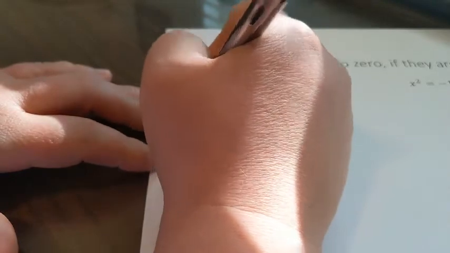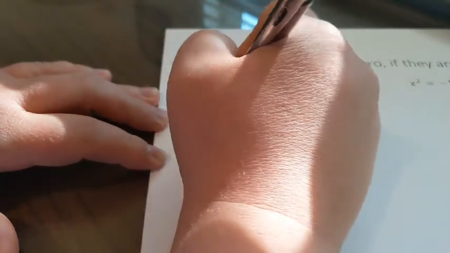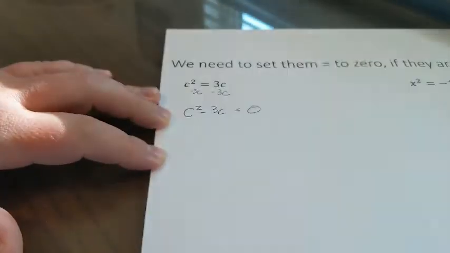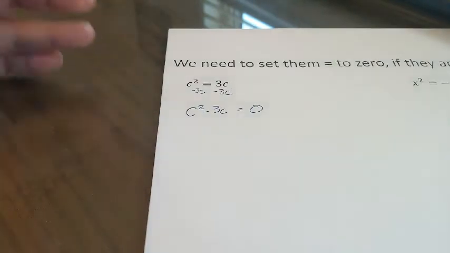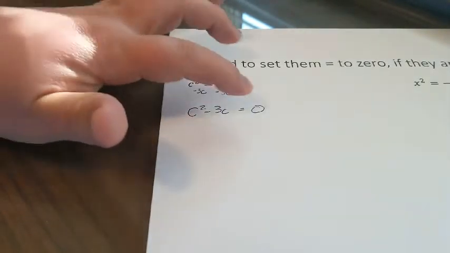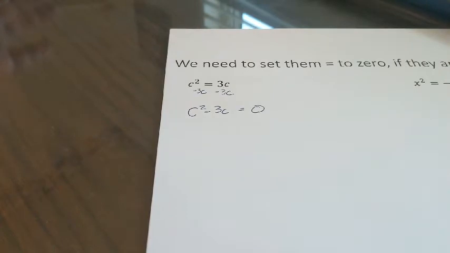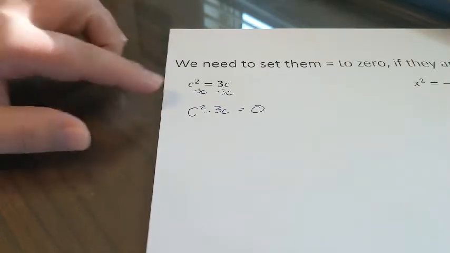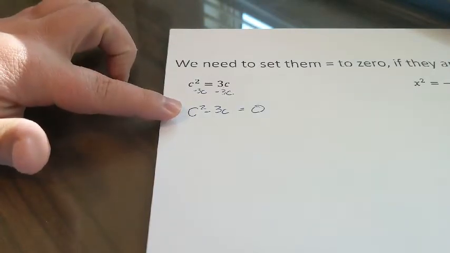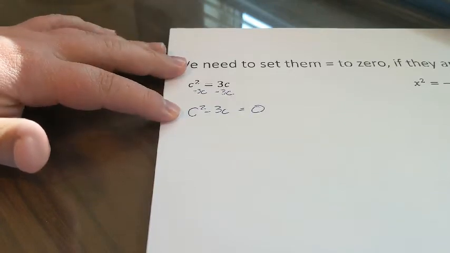Then we have c squared minus 3c equals 0. As you can see, there's not 3 terms, so we can't really factor this. But we can simplify it by pulling a c out.